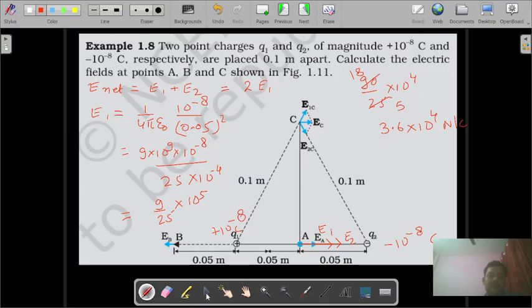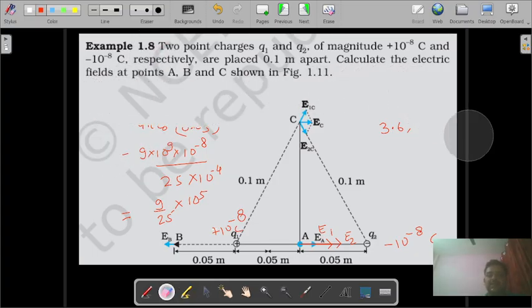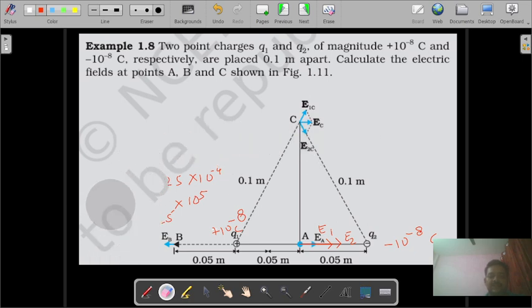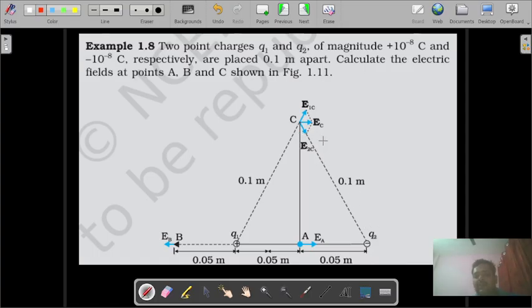So to find out the net electric field at point C, we observe the electric fields due to the individual charges, the electric field due to the charge at 1 and the electric field due to the charge at 2. So we obtain E1 and E2. At this point C, we want to find out the electric field. That point C is at a distance of 0.1 meter from Q1, and at a distance of 0.1 meter from Q2, and therefore it lies on the midline of both of them.